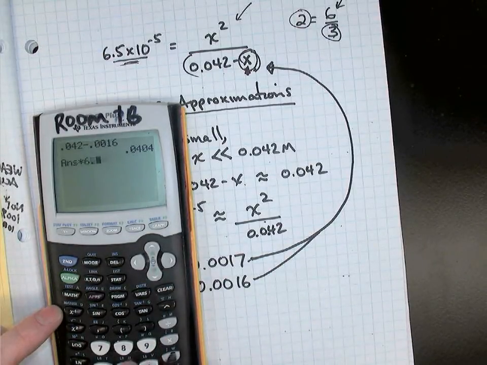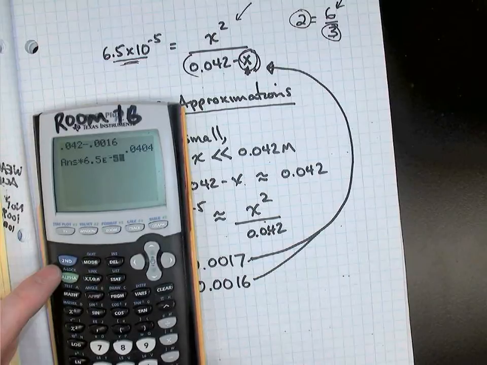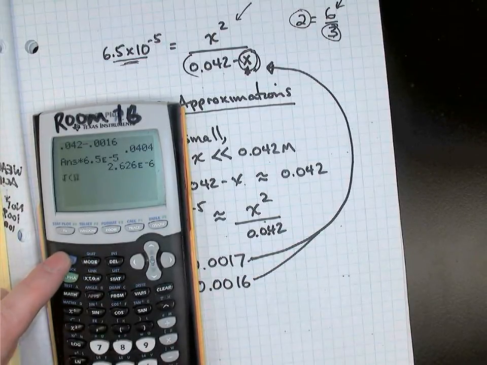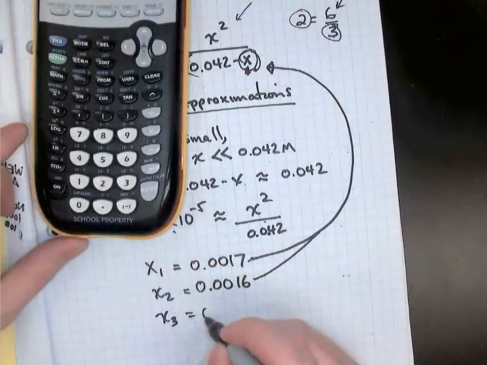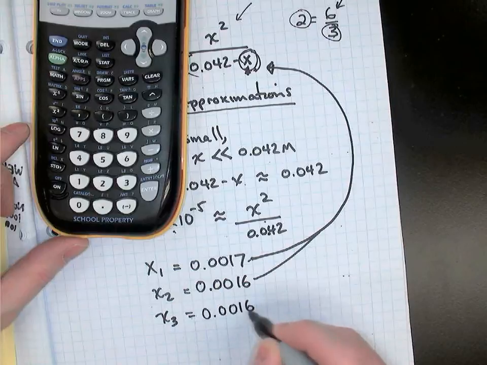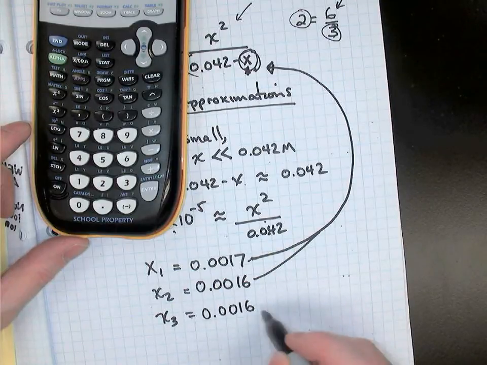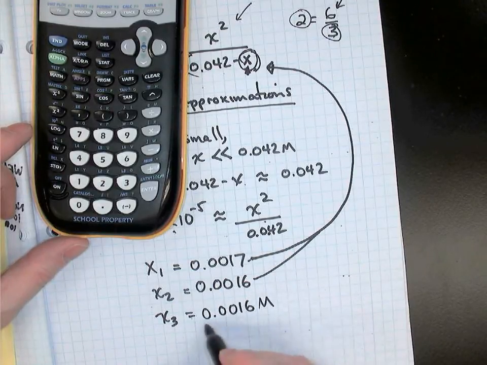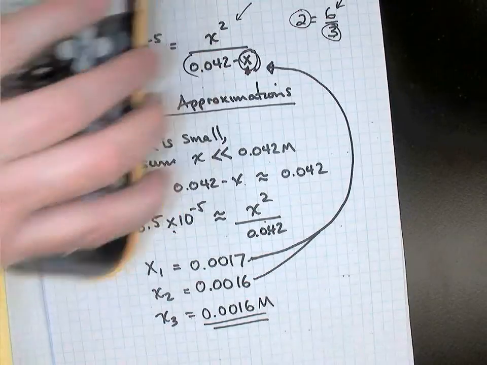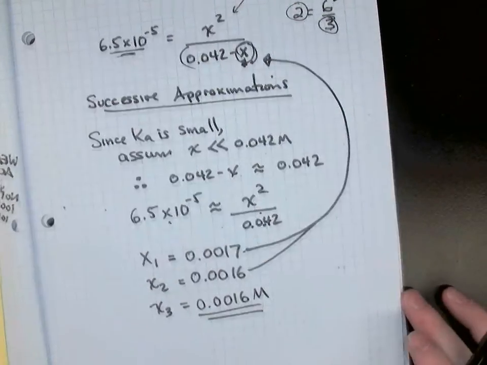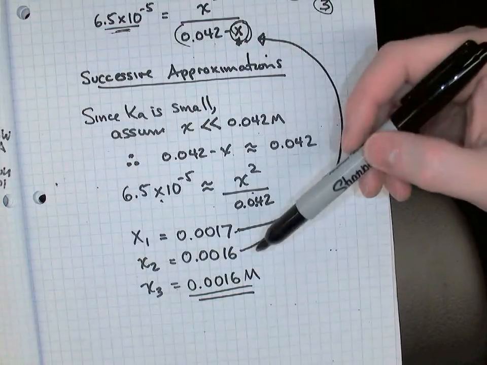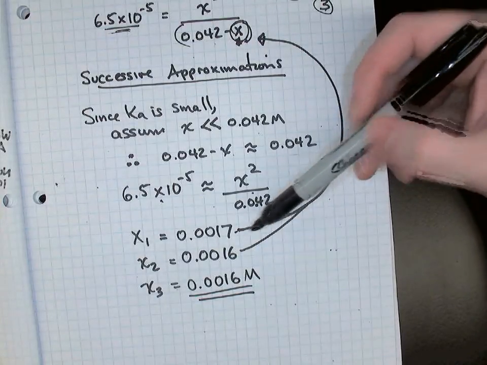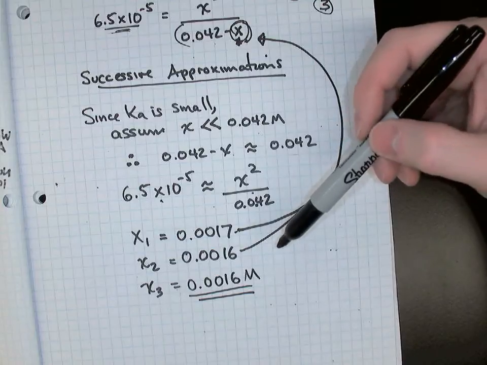Multiply that by the Ka value, equals, and now square root the answer, and I get a third approximation that is exactly the same when I round it off to 2 significant digits as my second approximation. So I'm going to stop there. The method is stopped, we stop cycling through when our approximations become equal, in this case 0.0016.